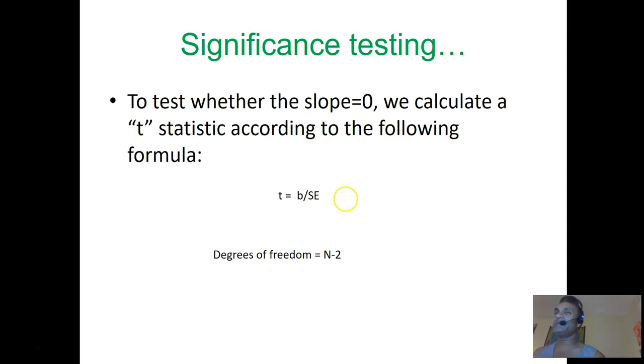What's the null hypothesis? That our slope is 0. So if I look up in the back of the book and I find that this is not significant, that means that I retain the null and I say my slope is 0, which means my line is not particularly useful. But if I can reject the null, then the slope is not 0 and my line probably is useful.